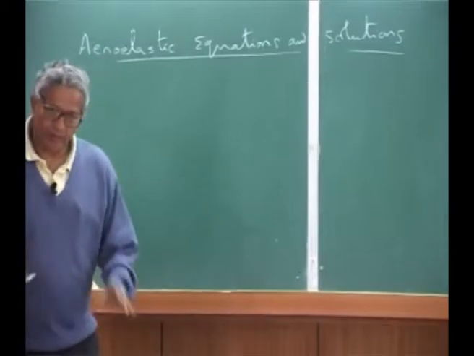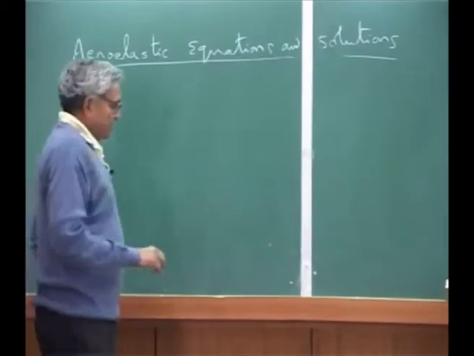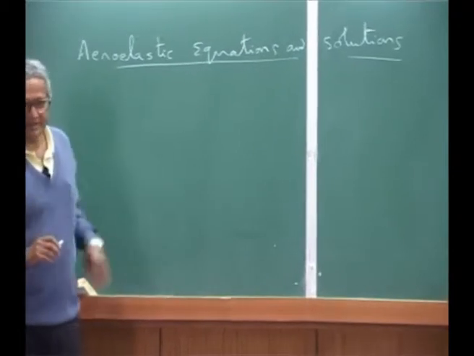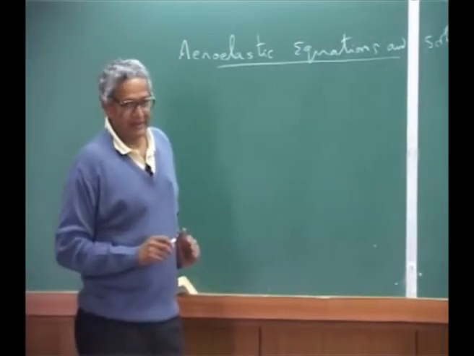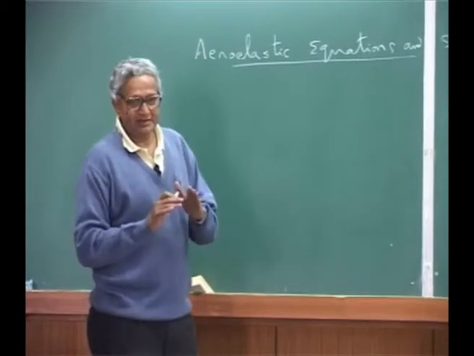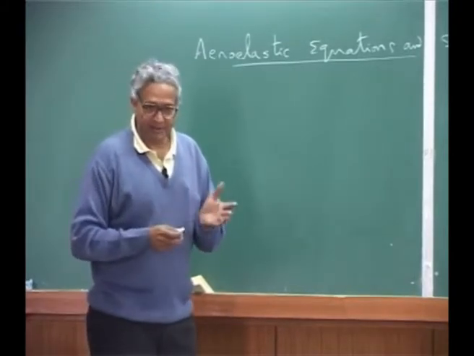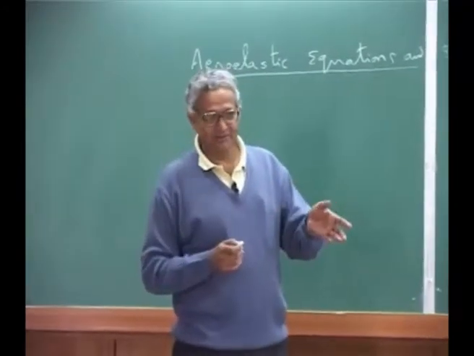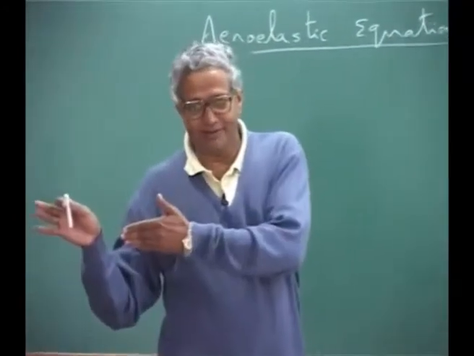We will use operator form because we said that when you apply a load, there is a deformation. That means you have a structural operator which acts on the deformation to give you the load.